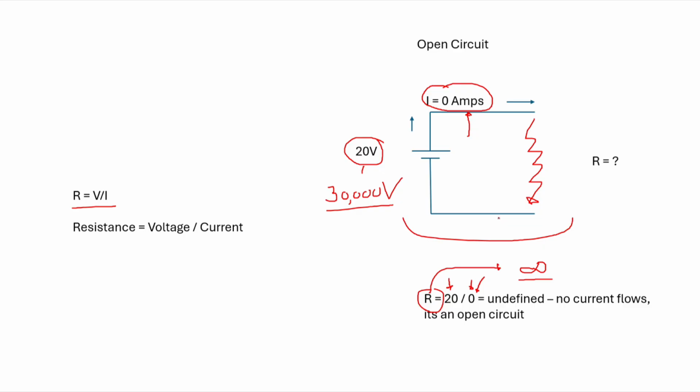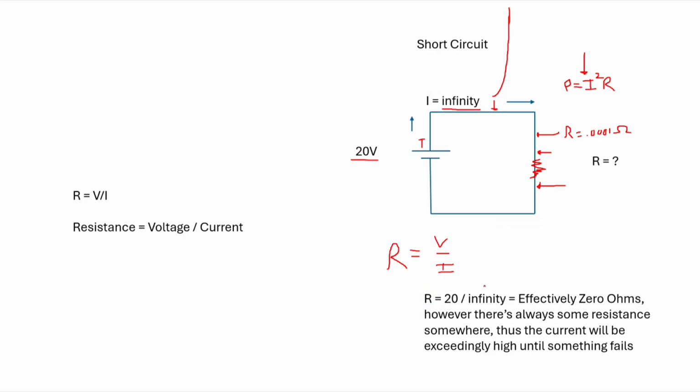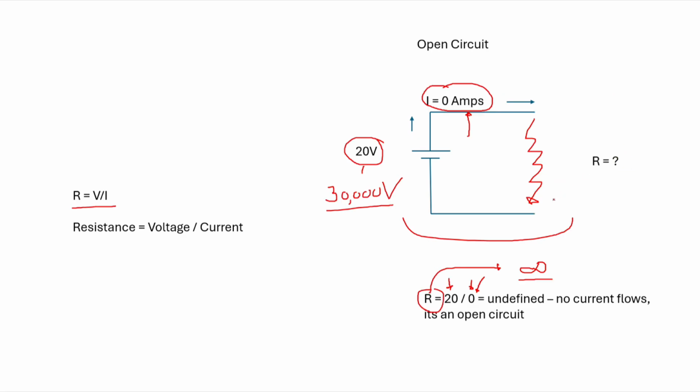Let's see if I screwed that up. Yeah, the resistance is 0. I didn't screw that up. I just wanted to make sure I'm consistent here. So while effectively the resistance is 0, and back here we said effectively the resistance is infinity, I just wanted to clarify this, make sure I'm consistent.